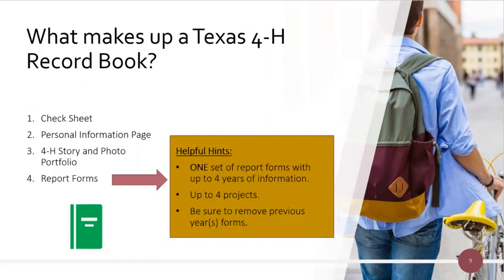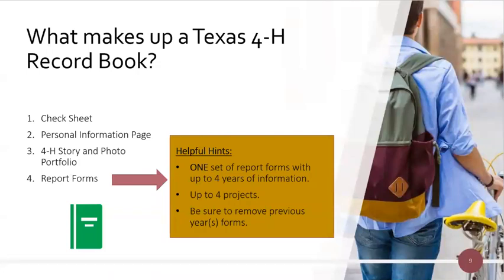And so make sure, and this is something that changed, I believe 2 or 3 years ago, that we only have 1 set of forms in each record book. So in the past you had year after year, but now it's 1 set of forms and all the information over, whether that's a 3-year period, a 10-year period, whatever the length of time your child has been in 4-H, then that is submitted.